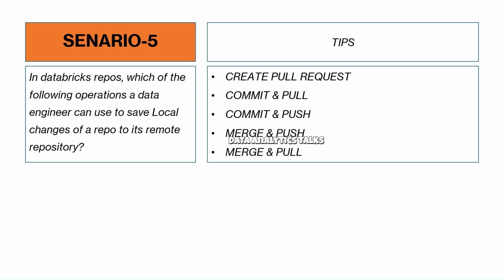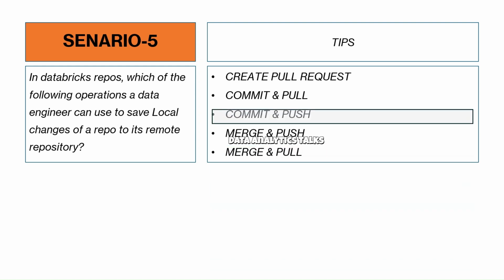Here you can know that create pull request cannot be executed from Git in the Databricks repository. Then can we do commit and pull? Can you do commit and push? Can you do merge and push and merge and pull? So let's see. Commit and push is the answer. We are saving our changes to a remote repository by commit and push.